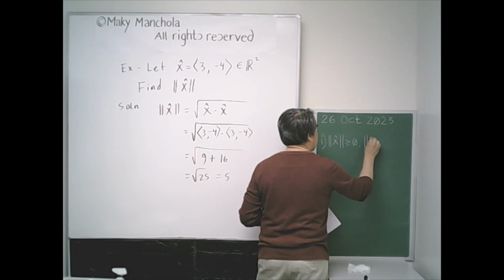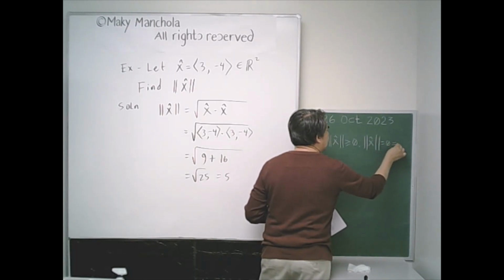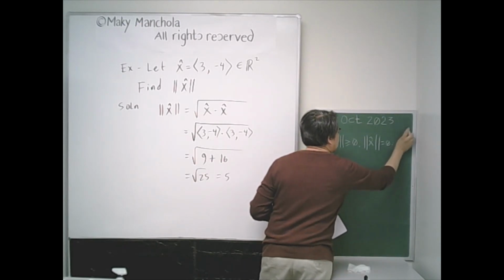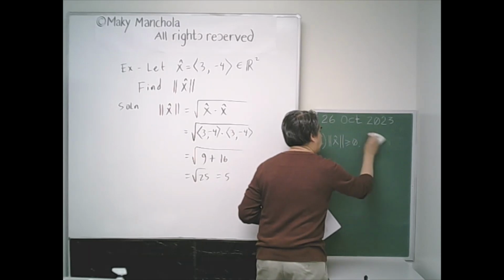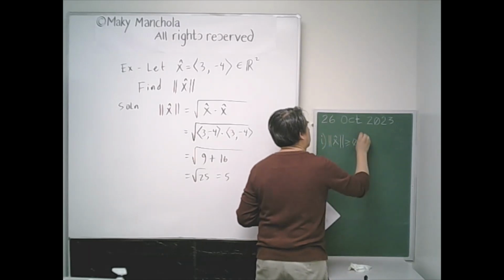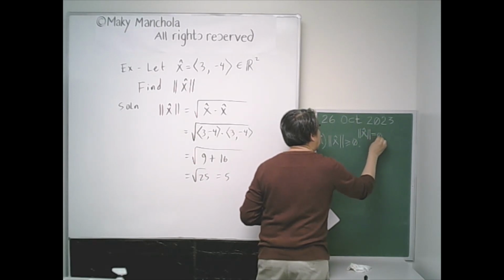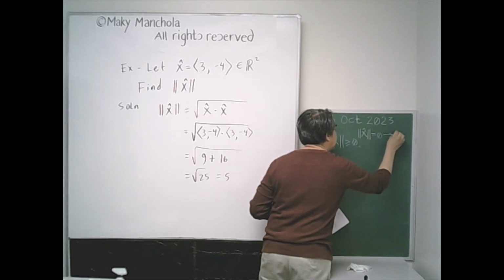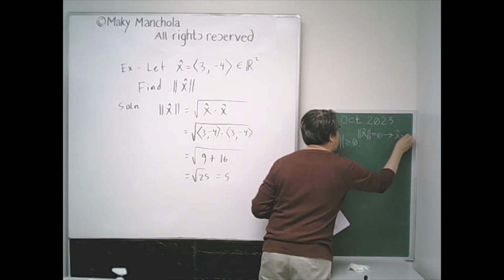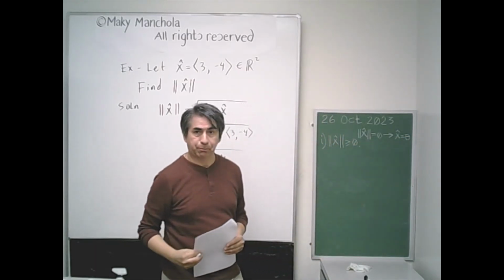If the norm of x hat equals 0, that implies that x must be the 0 vector. So that's our first property.